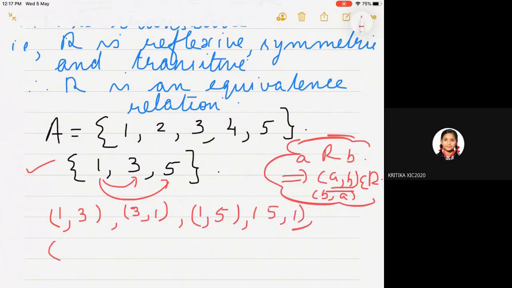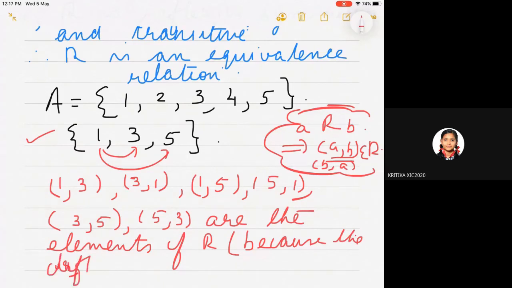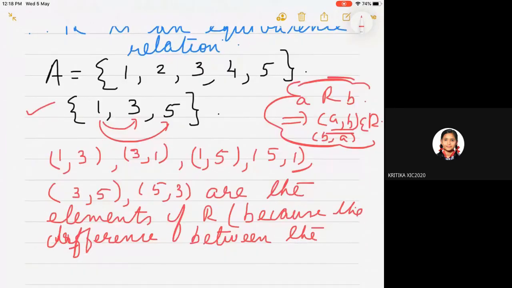Again with 3, you start: (3, 5), (5, 3) are the elements of R because the difference between the elements is even.